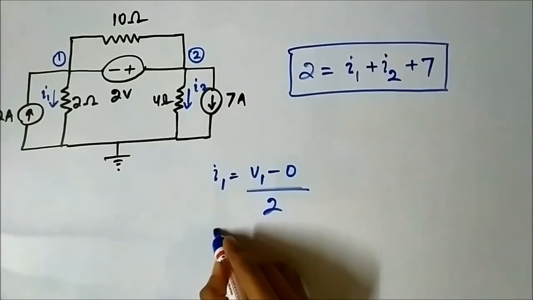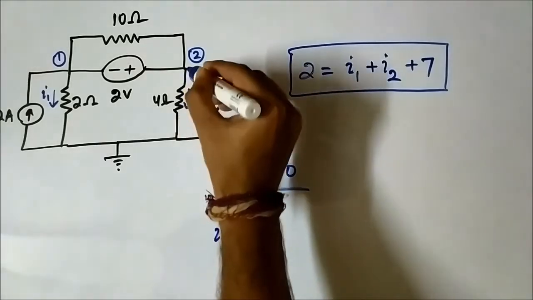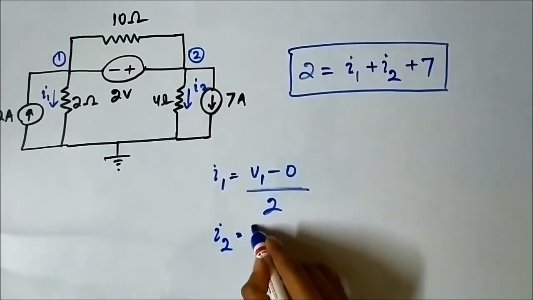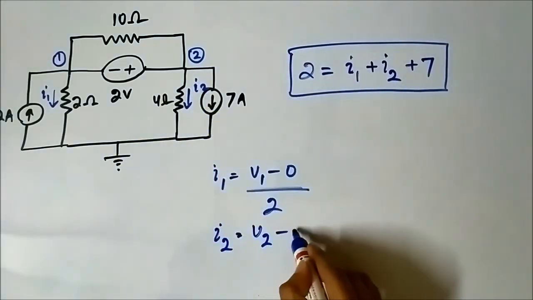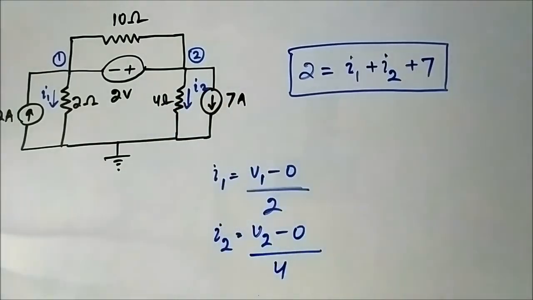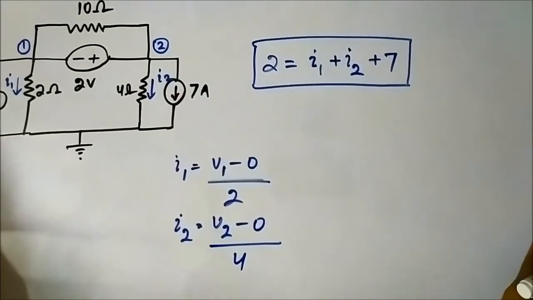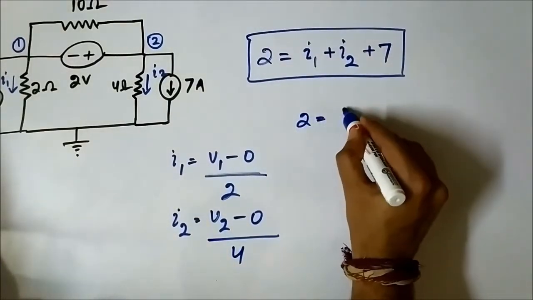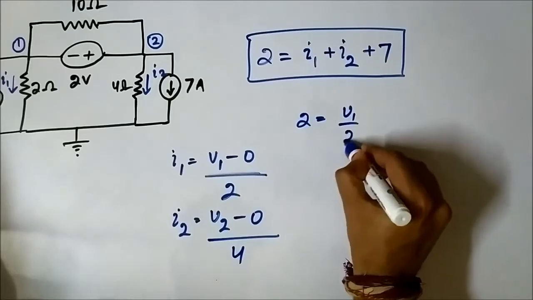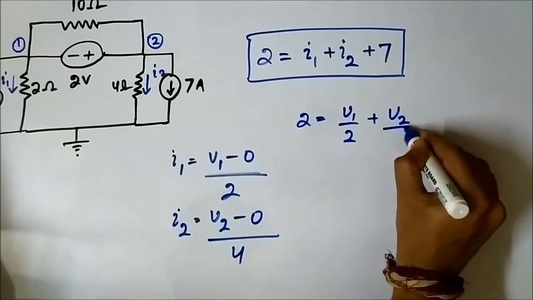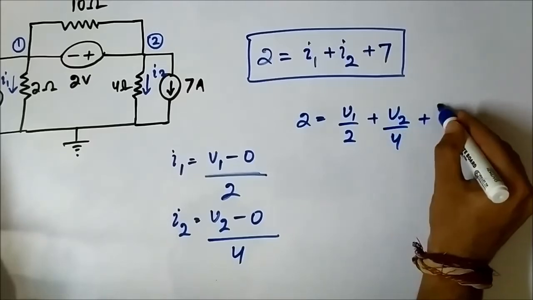Similarly, I2 is flowing from node 2 to ground, so it is V2, voltage at node 2, minus ground voltage, by the resistance involved, which is 4. So we can write it here, 2 is equal to V1 by 2 plus V2 by 4 plus 7.